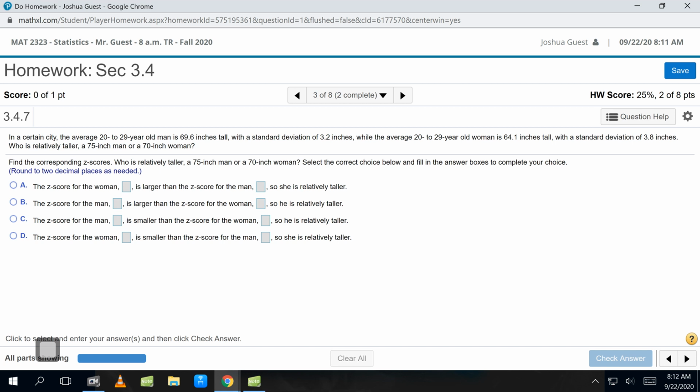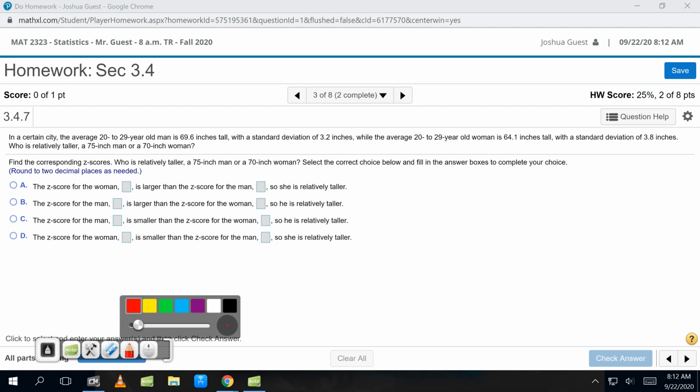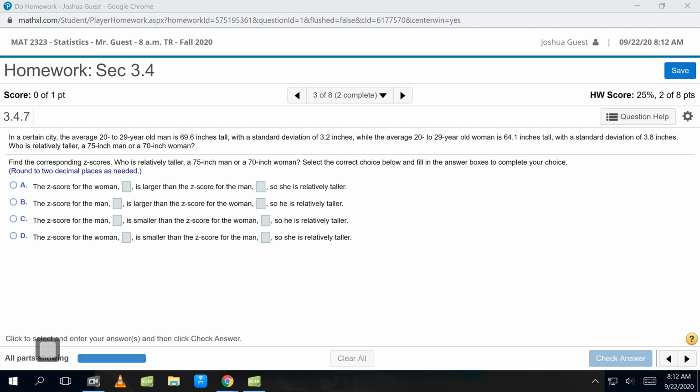All right, so the man is taller by 5 inches, but who is relatively taller based on the mean and the standard deviation? So let's actually figure that out. Let's look here. This is mu for the men, and this is the standard deviation for the men.